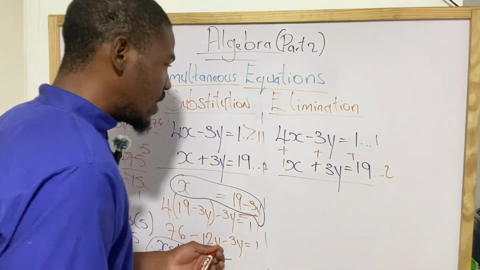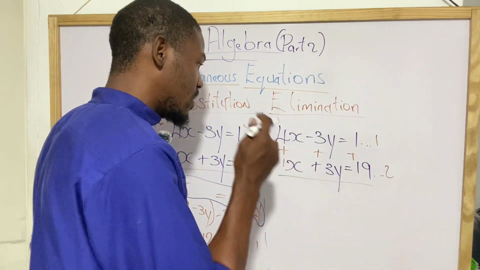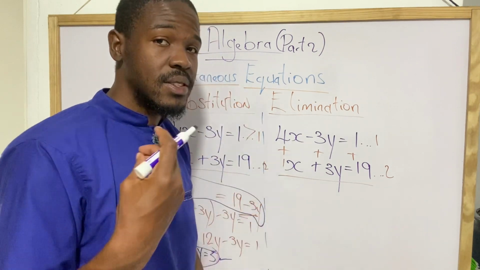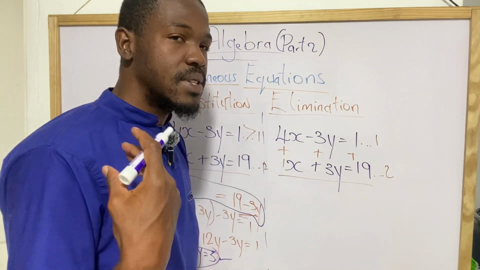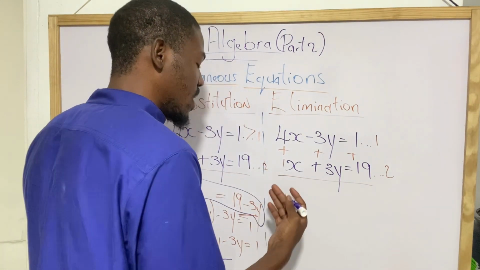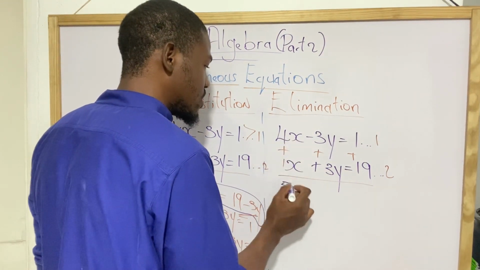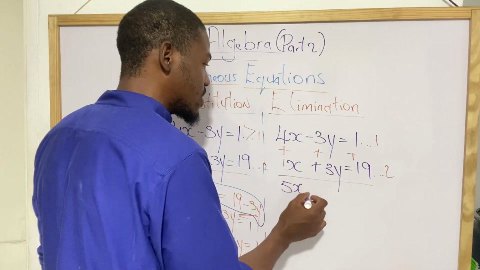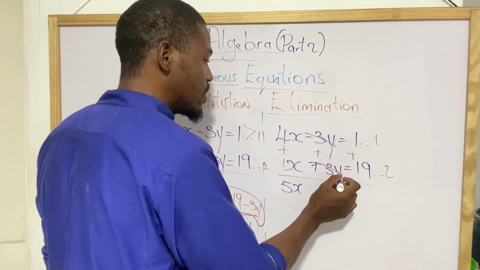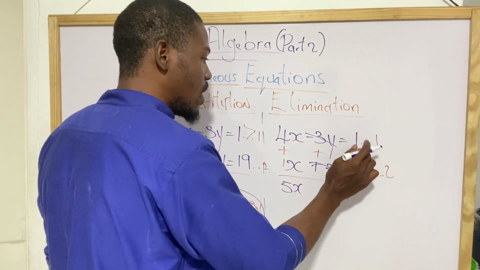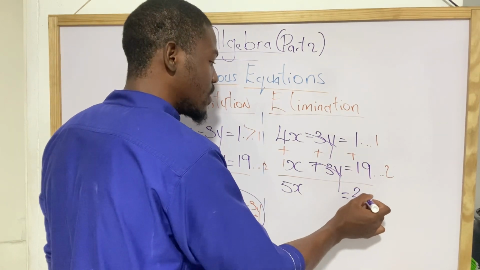All right, so in eliminating our y, we're actually going to be solving for x. So 4x plus x is 5x. The y's are now being cancelled out. 1 plus 19 is going to give me 20.